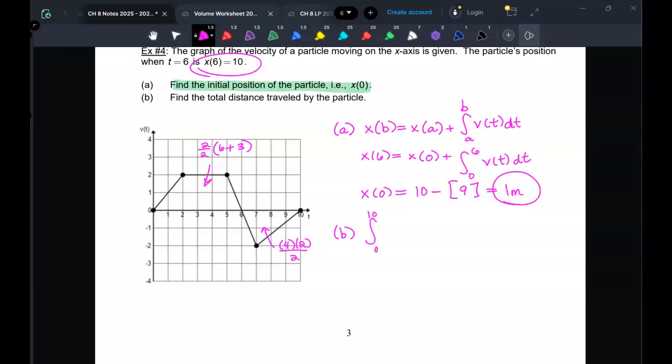How did it become x of 0? I switched it around. I just basically flip things around. I just didn't write out that step, guys. x of 0 is going to be x of 6 minus the integral from 0 to 6 of v of t dt.